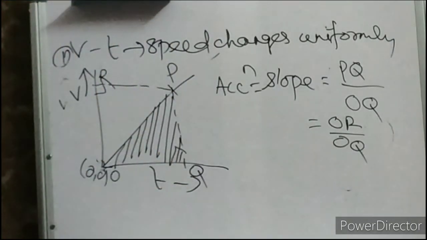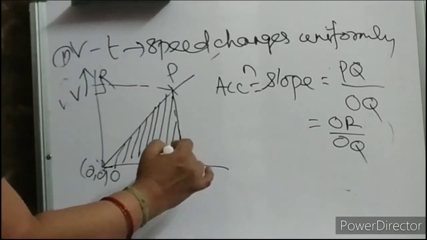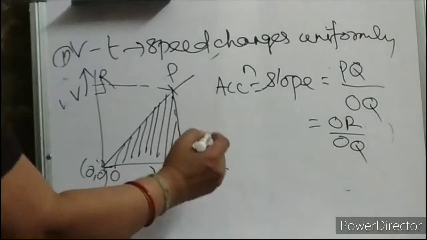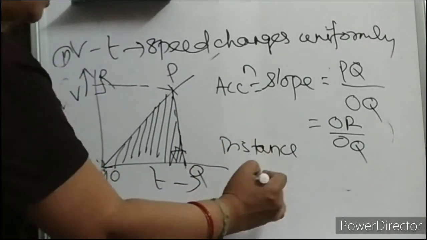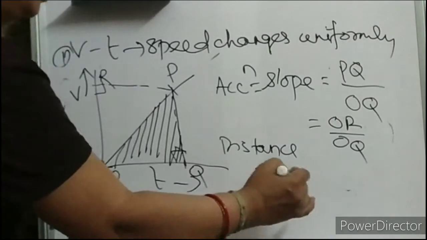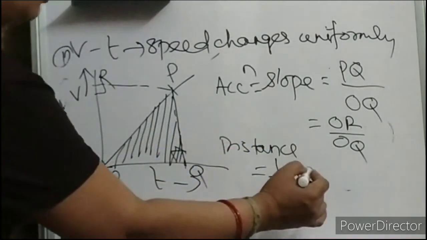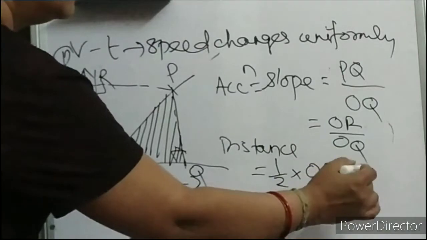Is it clear? Then this is your rectangle only, and it is a right-angled triangle. Clear? So what is the area covered by this, or what is the distance? Distance will be half base into height. So what is your base and what is your height? Base is OQ and height is OR.